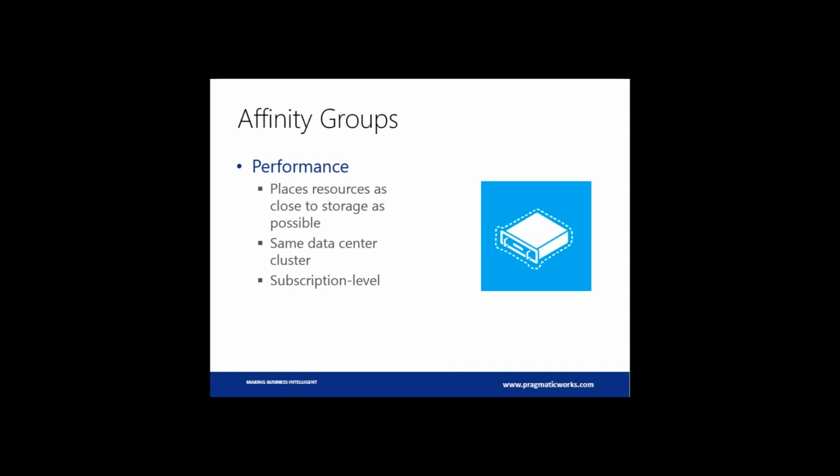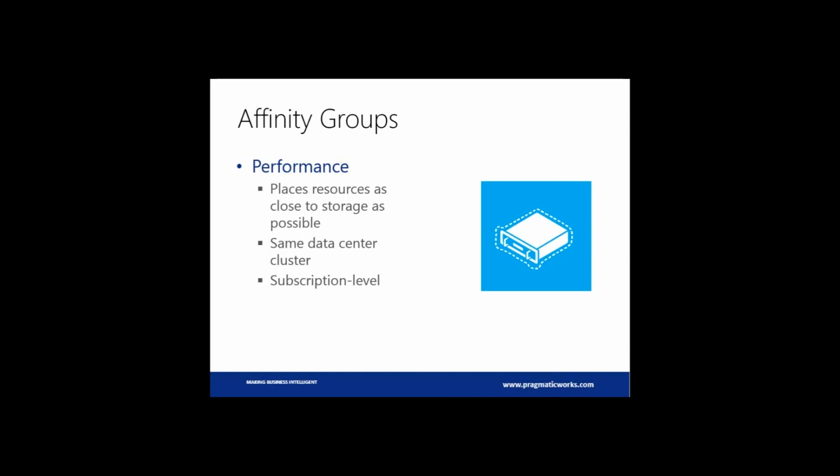Going back to my local example, on my local laptop, if I create a VM, my storage, my CPU, my memory, my network, they're all on my local laptop. However, when I create stuff in Azure, I tell it where I want it to be. So I can spin up a VM that's somewhere in the East region. I can do a storage container that's somewhere in the US West region.